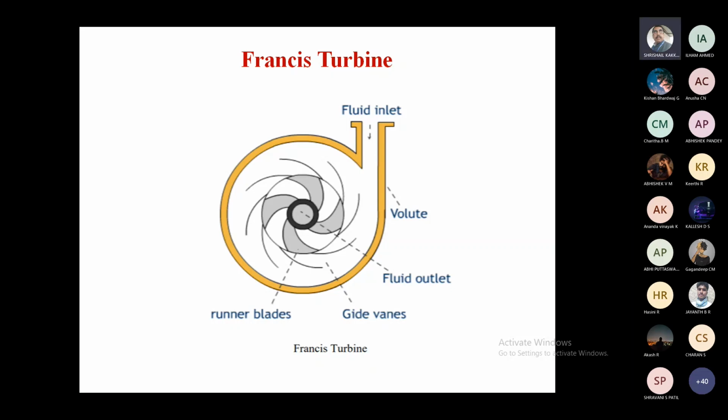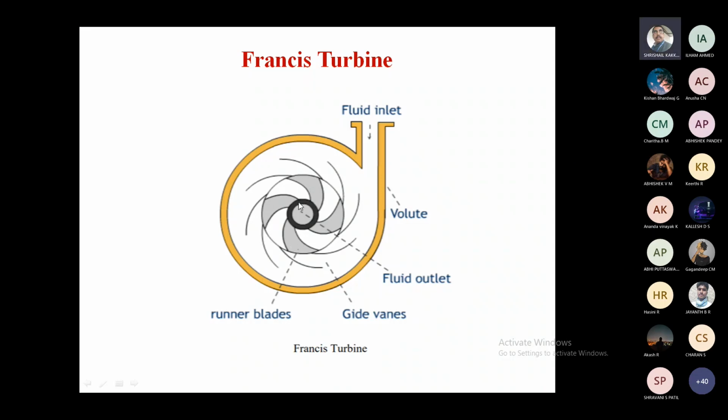Then how it works, we'll try to see. At a particular head, water is made to enter this casing through the penstock. While the water is flowing here, it enters the guide vanes or fixed vanes. Once it enters the guide vanes, it is directed to flow into the runner vanes. When the water enters the runner vanes at very high velocity at atmospheric pressure, the rotor starts to rotate.